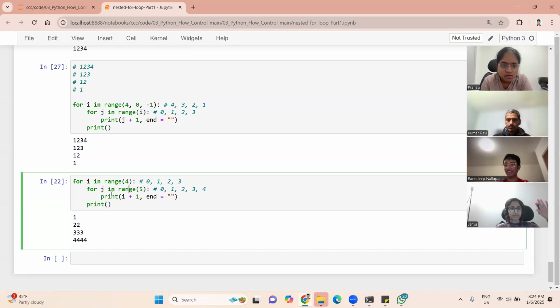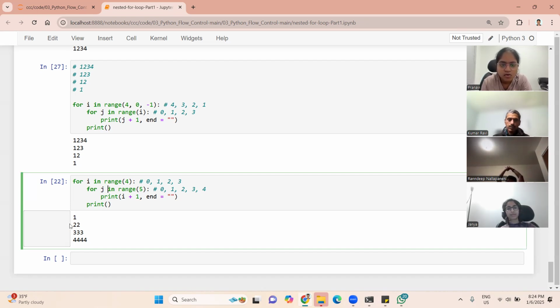Will it be like 1, 2, 3, 4, 5 and then 1, 2, 3, 4, 5? Something like that. First, tell me the value of first row. In first row, what values we are going to get? 1, 2, 3, 4, 5.